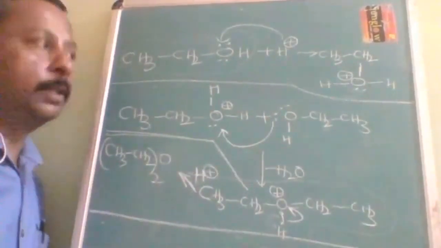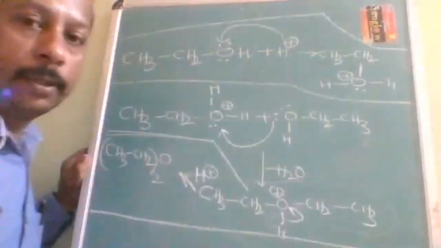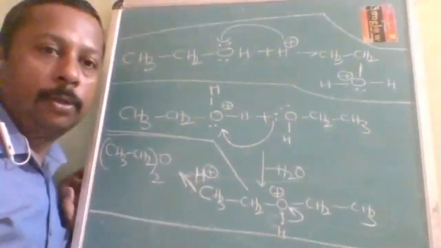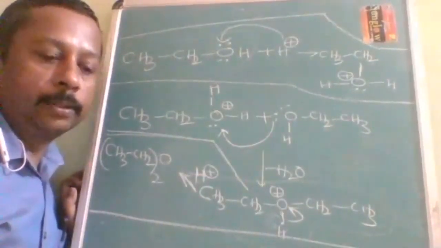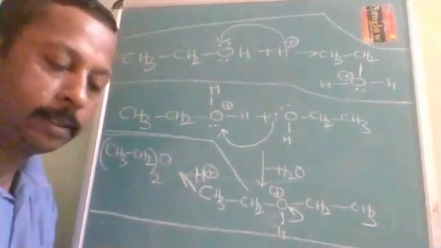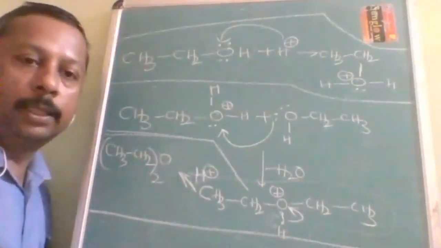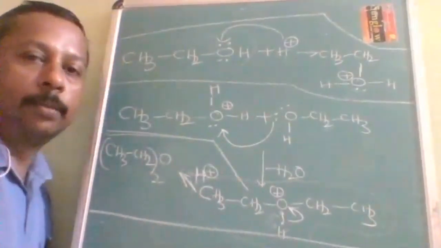You must have already studied this mechanism in your 11th class reaction mechanism chapter, and also in haloalkanes, the Sn2 mechanism. Why am I telling you the Sn2 mechanism here? Because it will be required to understand the non-possibility.